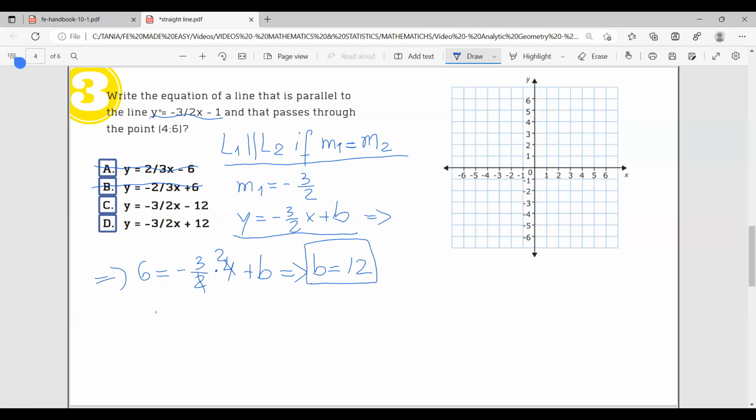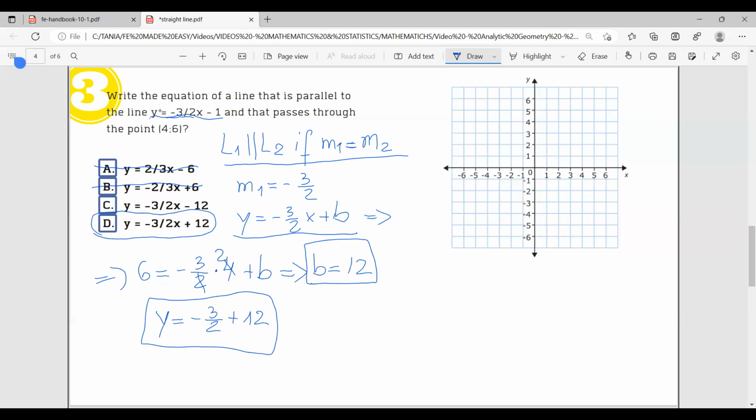So let's rewrite our equation. y will be equal to -3/2 x plus 12. So this is the equation of a line that is parallel to this line given in the problem, and that passes through the point (4, 6). And the correct answer is D.